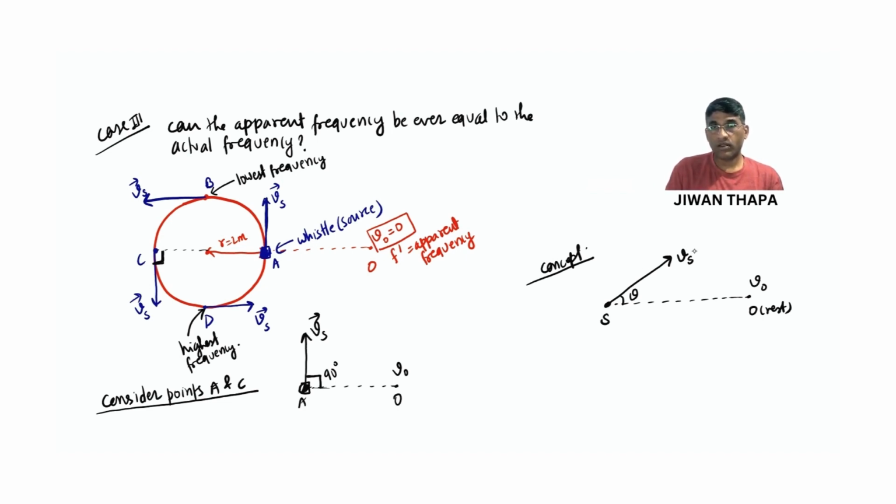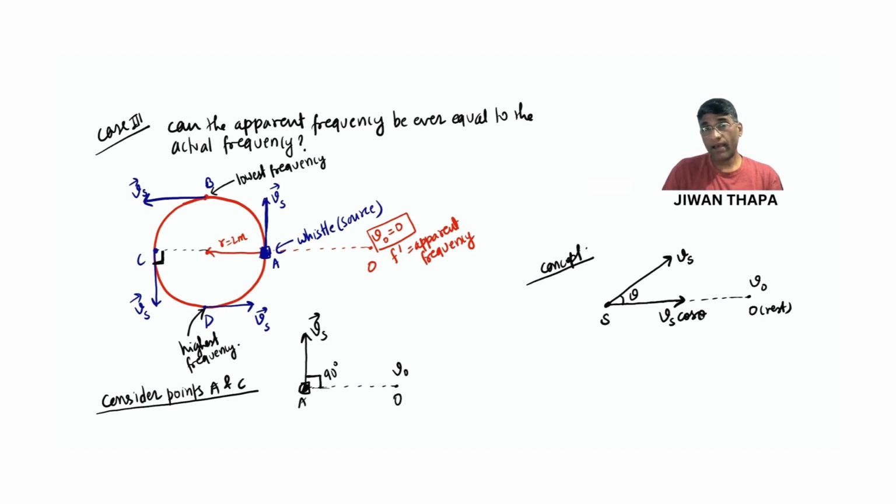We can resolve this Vs along this direction, so that in this direction we have Vs cos theta.